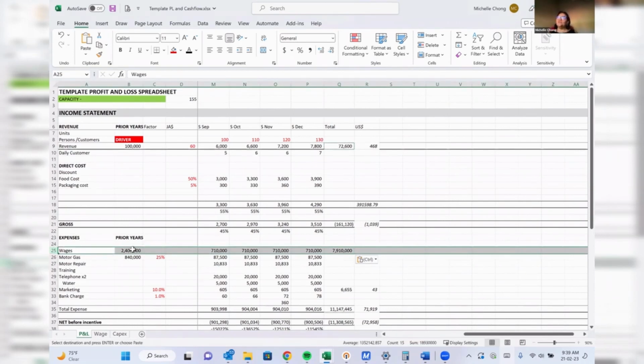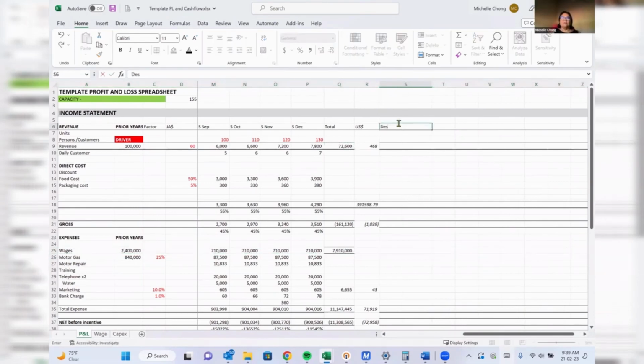See, so this is driving you to develop strategy. And then the other thing you do is you put in a description column to explain. These are what you'll find a lot of financial people call assumptions. So I use them alternatively. Description, assumptions. So I'm going to say, wow, last year was 2.4. This year 7.9. What could that assumption be, for example?